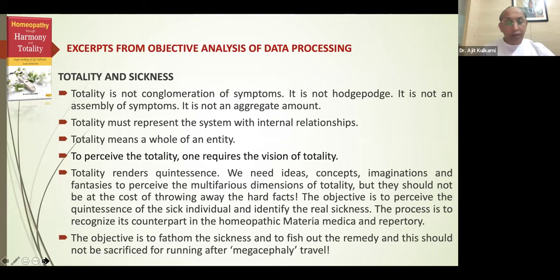The process is to recognize its counterpart in materia medica, with repertory or without repertory. So the objective is to fathom the sickness and to fish out the remedy, and this should not be sacrificed for running after mega syphilitic travel. Why do I write this? Because now there are a lot of imaginations and assumptions and fantasies to develop materia medica, to develop the repertory, the meaning of the repertory.